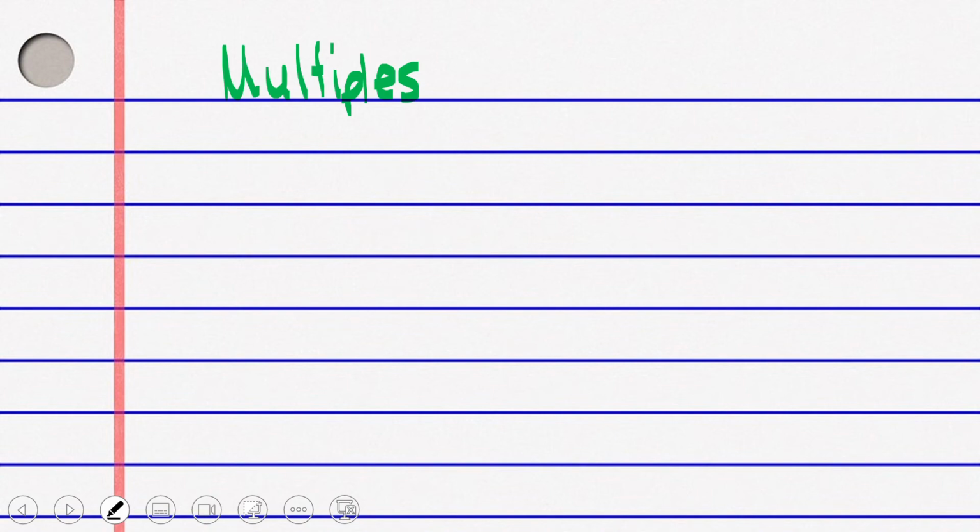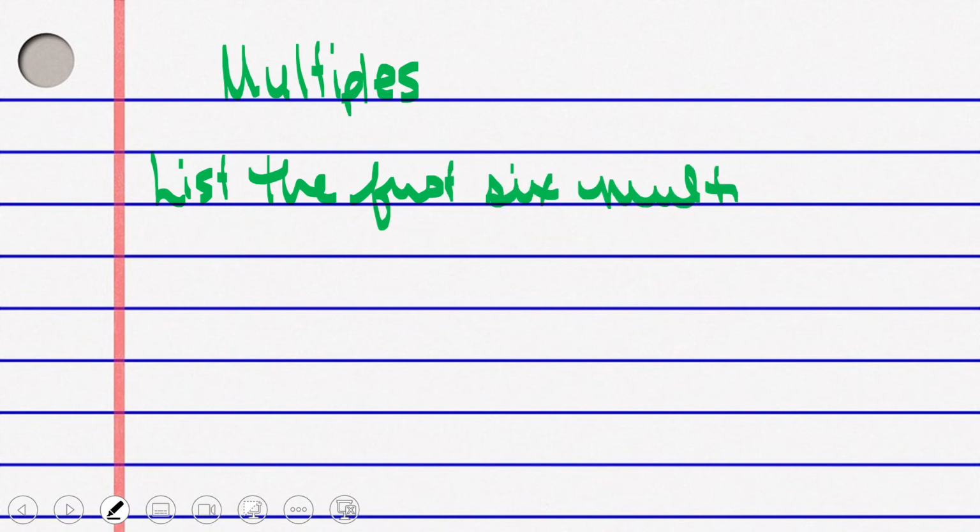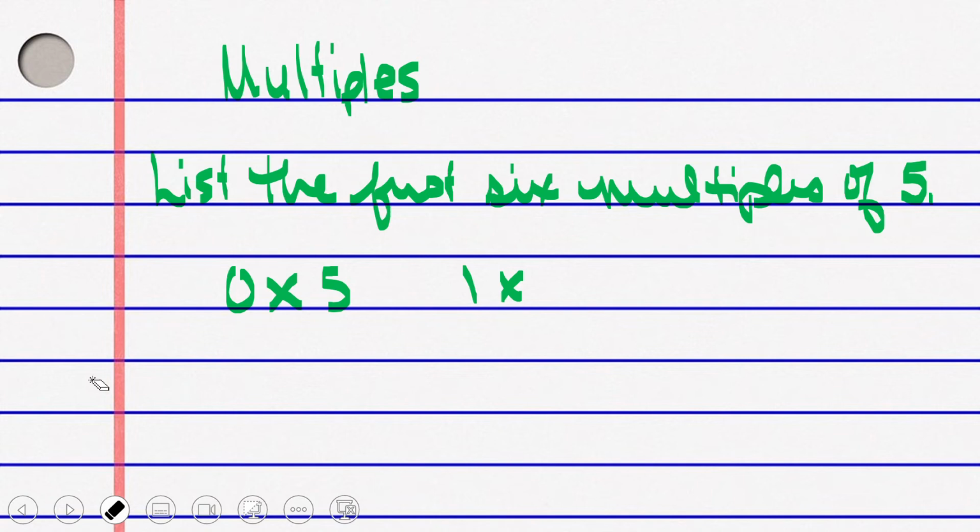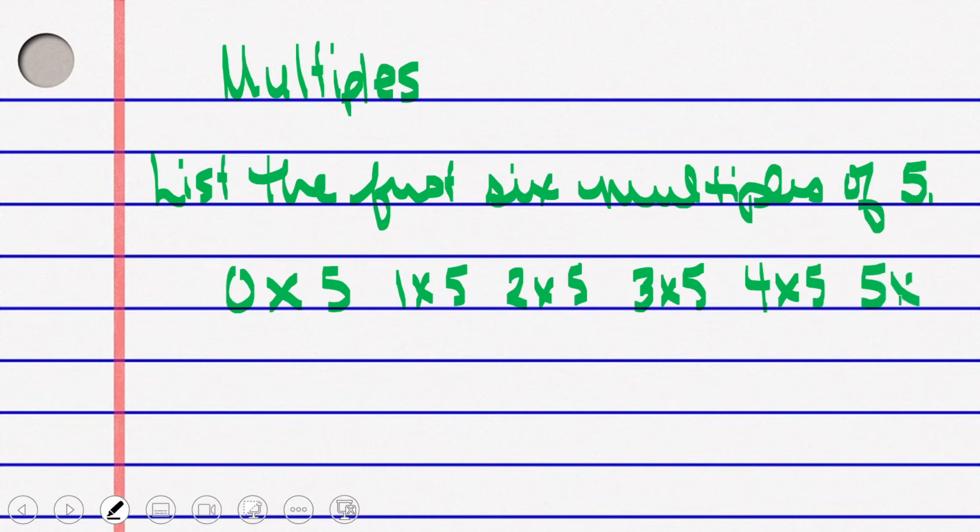So if you're asked to list the first 6 multiples of 5, then we would say, well, 0 times 5, 1 times 5, 2 times 5, 3 times 5, 4 times 5, 5 times 5.